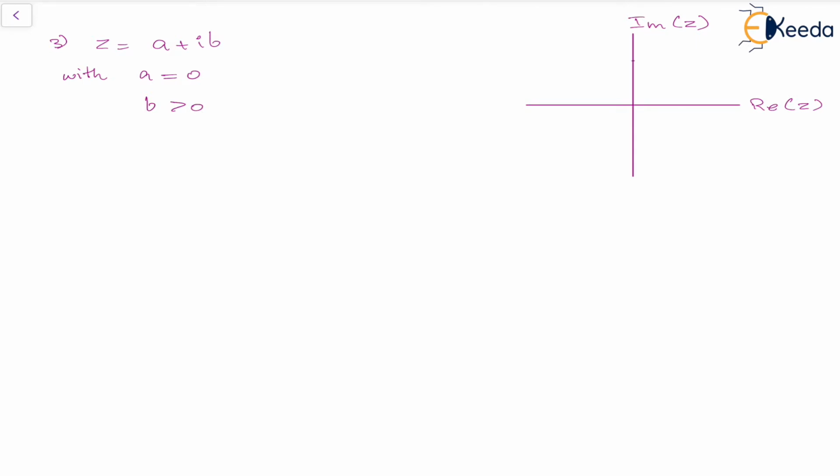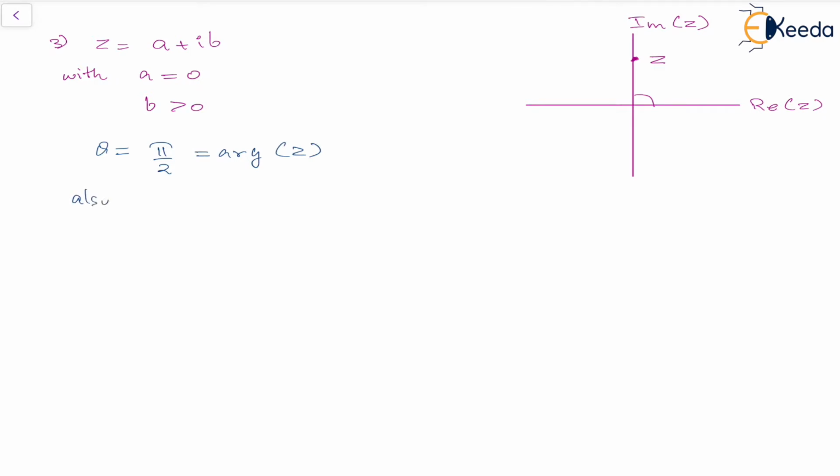So this will be on the imaginary axis. And we can see in that case we'll have theta equal to pi by 2. So we have got theta equal to pi by 2, and this is the argument of z.